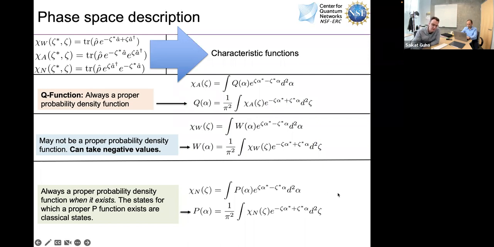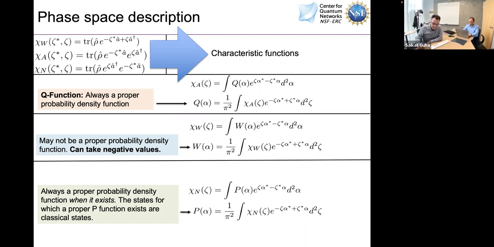Now, the Wigner function is probably our favorite one, I guess, and that is because it can take negative values. So it is not always a proper PDF. However, as a mathematical tool, it's very useful because no matter what mean value or probability you are trying to calculate, using even the partly negative Wigner function, the answer will be correct.